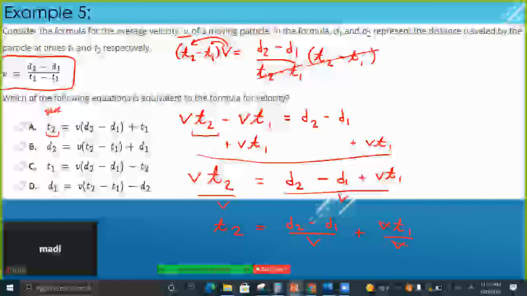So it really is just plus T1. So our T2 is equal to this whole thing plus T1. Now, looking back at option A, it's not the same. What we have is D2 minus D1 divided by V, and they have it as times V. So A is not correct.